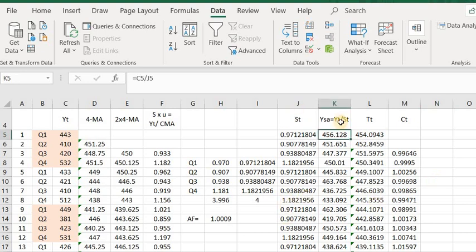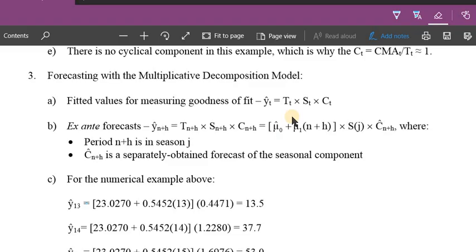Once we complete this, it means that we have separated the YT into the components of seasonal, trend, and cyclical. And then we can measure the fitted value by computing the three components that we have just seen.